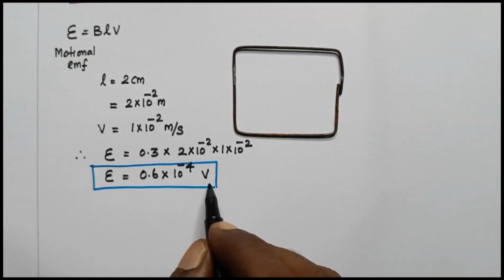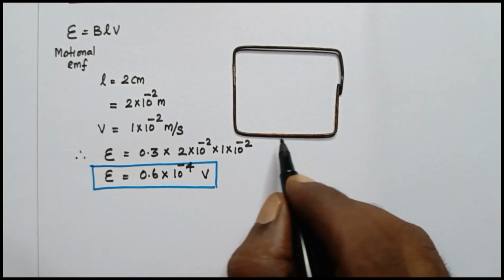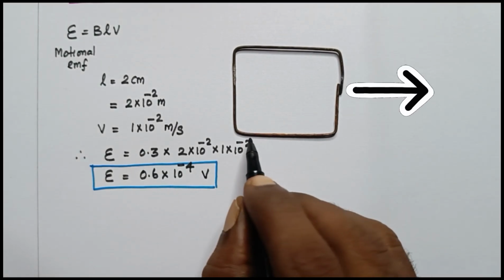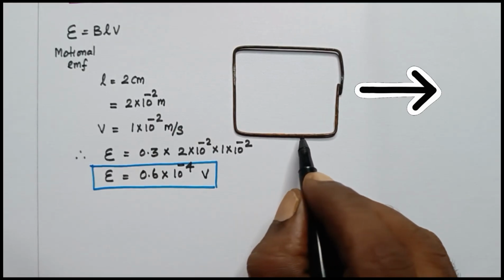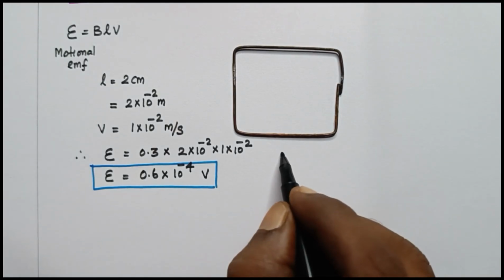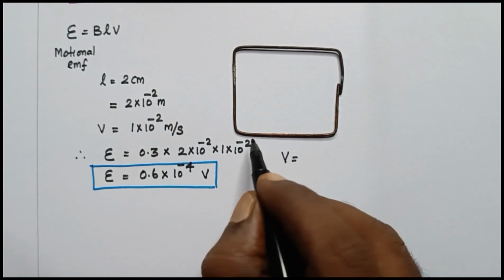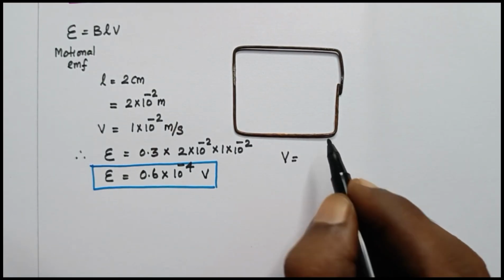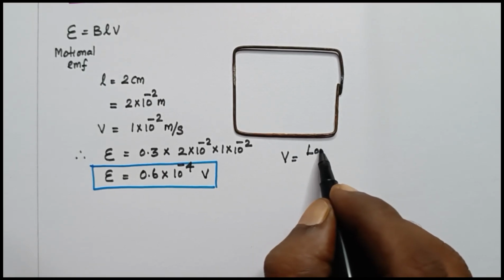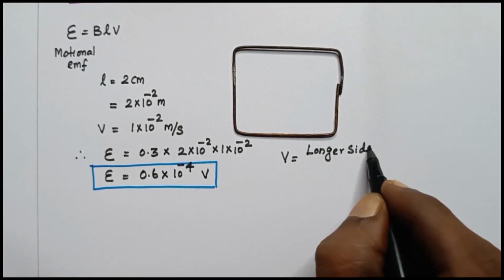Next, what do we have to find? We have to find how long this induced voltage will last. This loop is moving along its longer side. So once the loop has moved the longer side out of the magnetic field, the induced voltage will last. Therefore, velocity is equal to the distance traveled, the longer side, divided by time.